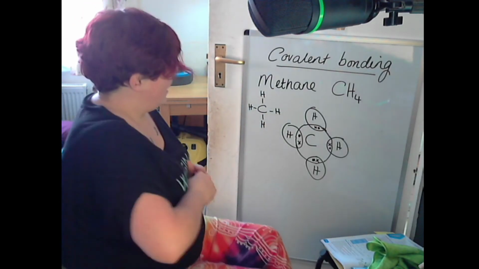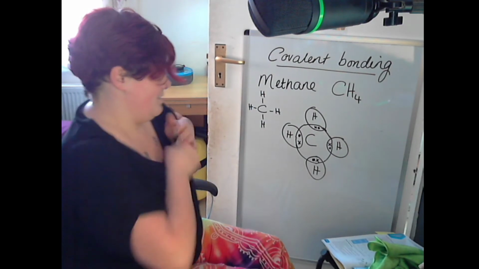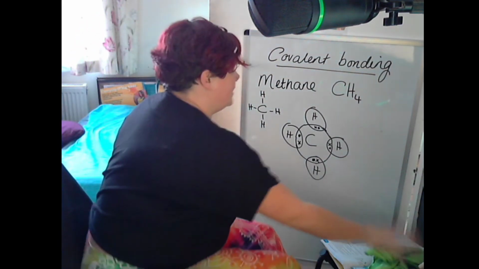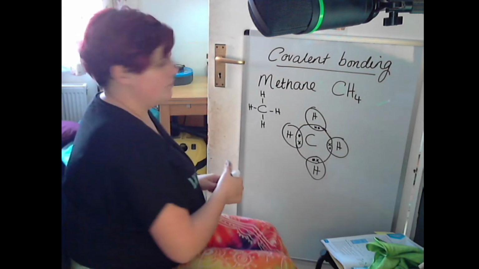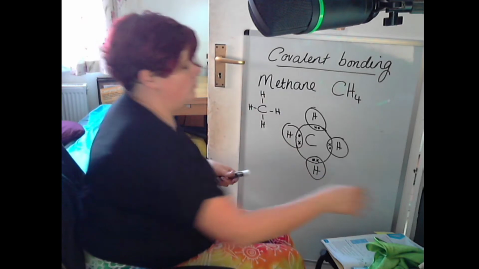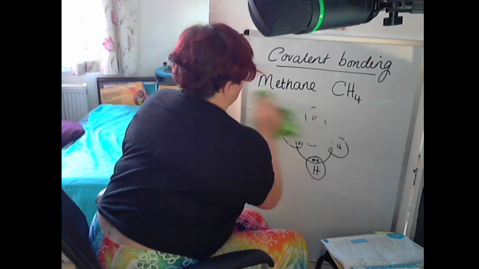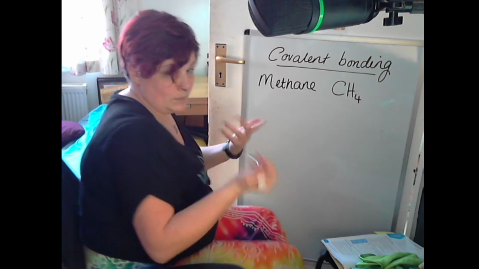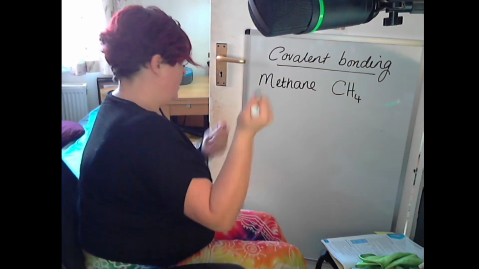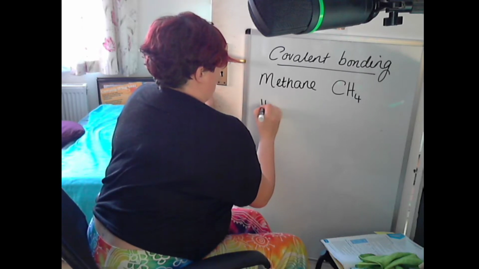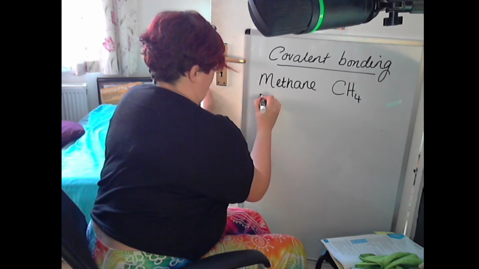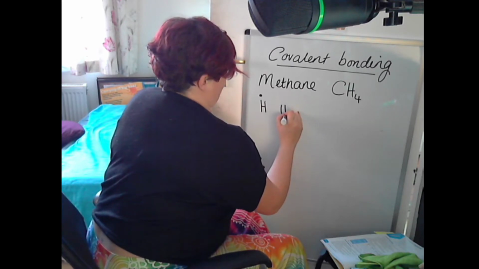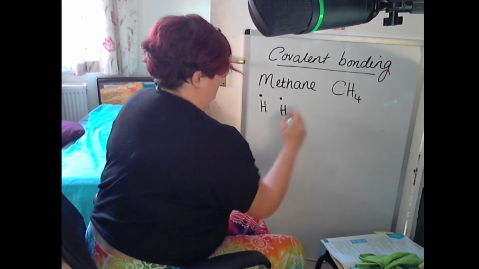Okay. When it comes to the dot and cross setup, instead of having to draw all of that out, you can do it without circles. Methane's quite a useful example for this. You put hydrogen with a little circle, and another hydrogen with a little circle.